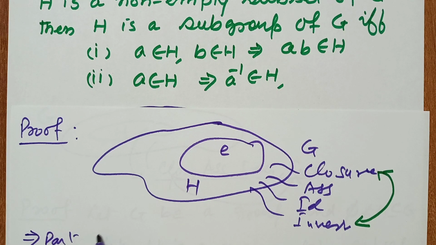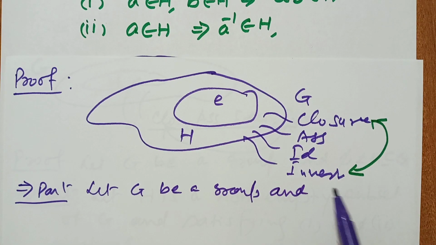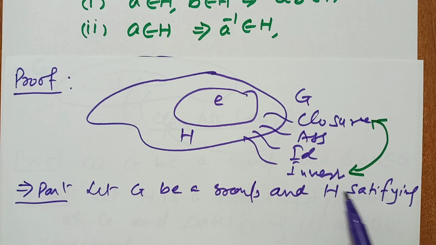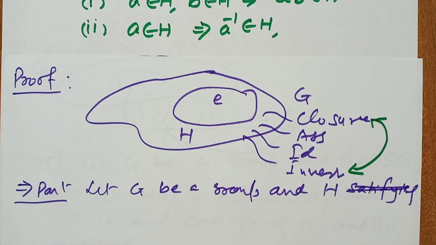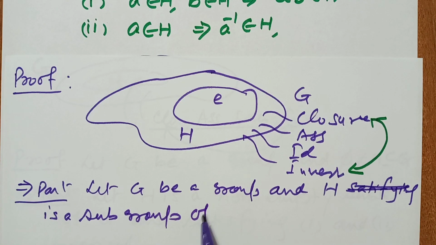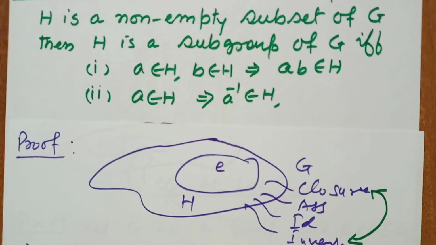First part, let G be a group and H a subgroup of G, then we have to show that the given conditions are satisfied.